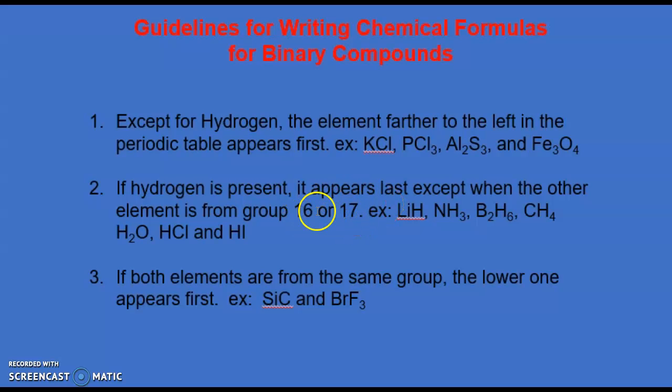So if the element is a metal, then it'll be the metal followed by the hydrogen. But if it's a nonmetal, the hydrogen will come first, followed by the nonmetal. Like the example H2O. Hydrogen comes first, followed by the nonmetal oxygen.